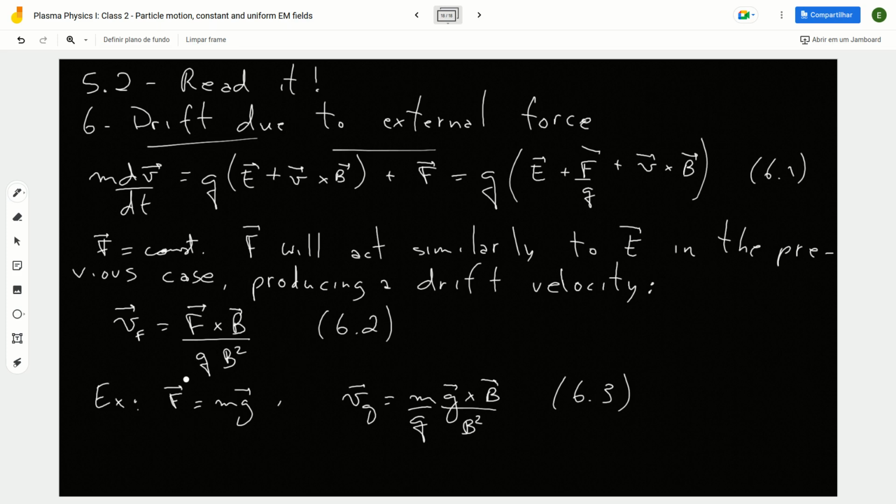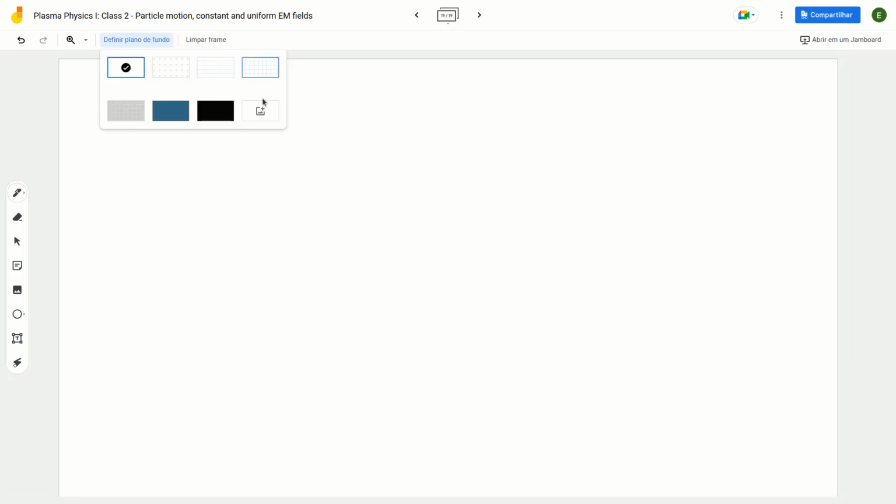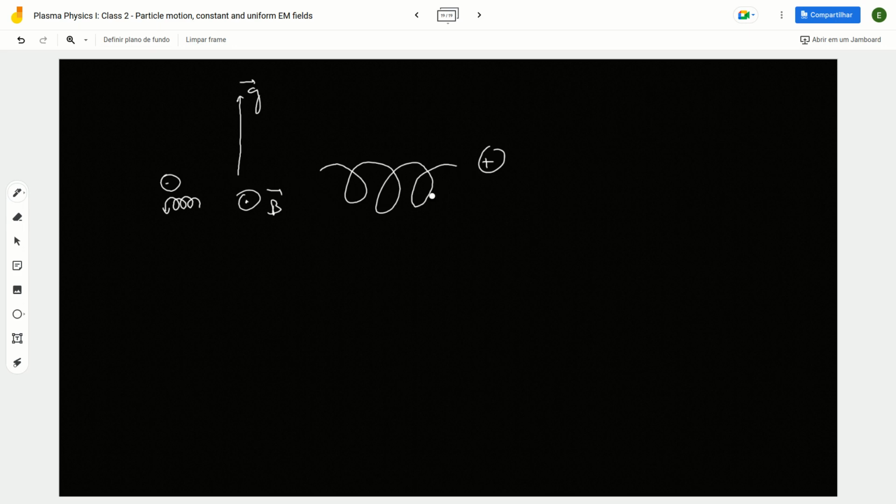So the behavior is similar to this one, but now the ions will go in one way and the electrons will go the opposite way. Basically, you would have gravity, magnetic field, gravity perpendicular to magnetic field, and then the electrons go in like this, negative charge, and the ions go in like this. This would be the G cross B drift.